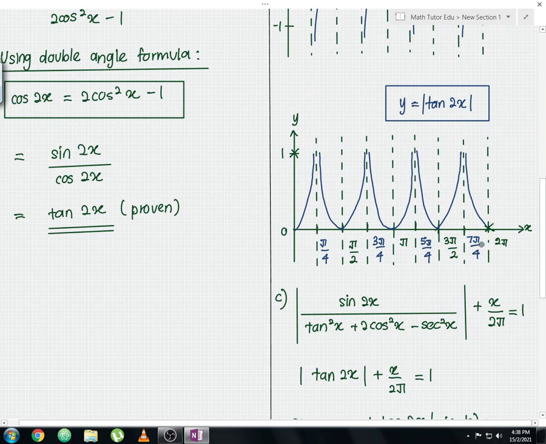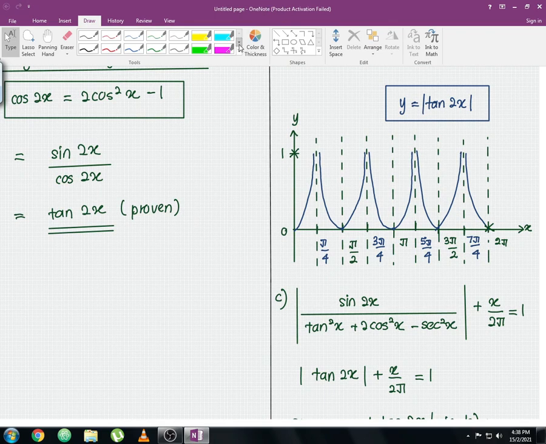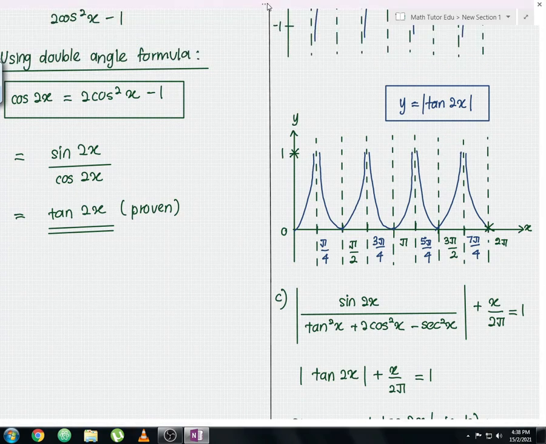This is your second point. You form a straight line between these 2 points. Let me use a red pen to show the straight line. This is the straight line that you form. I hope you understand till now.